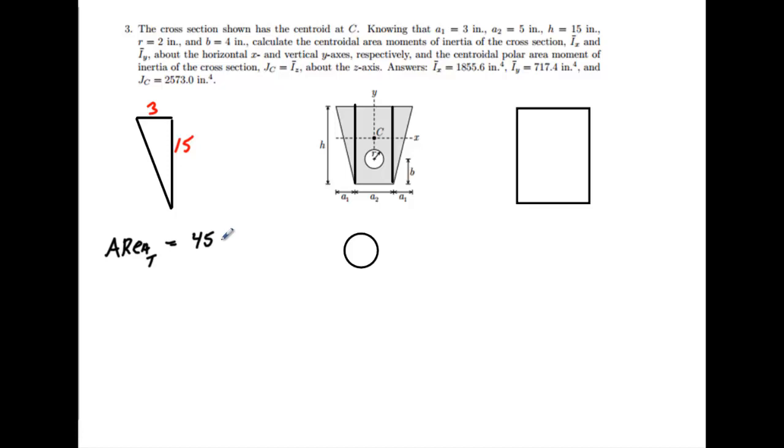You double that, gives you a total area of 45 inches squared. We also know the centroid of this one is going to be somewhere in here. It's going to be up 1/3 of 15, so it'll be 5 this way. It'll be in 1/3 of 3, so it'll be 1 this way.